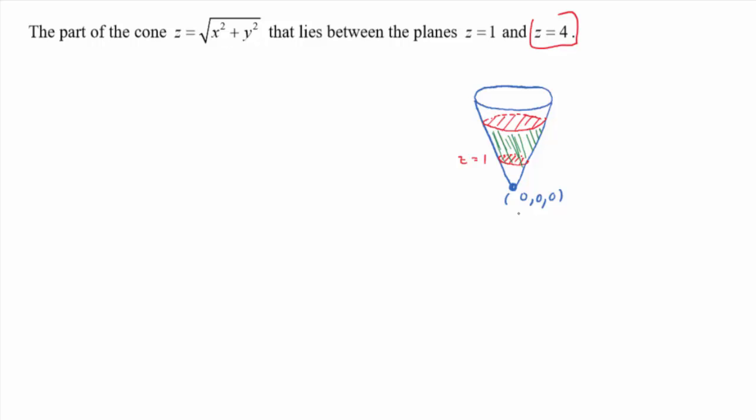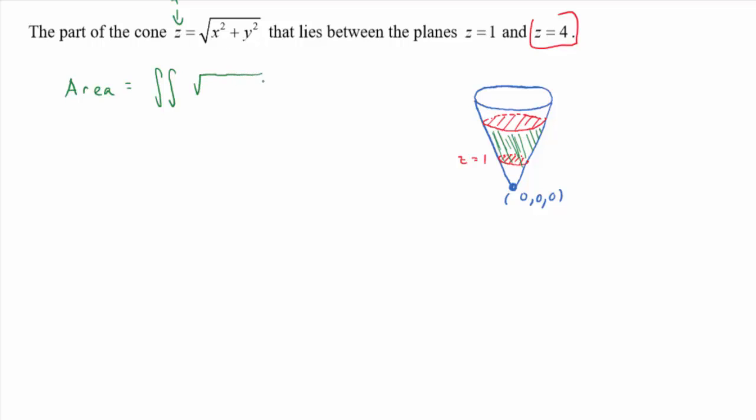So the surface area formula, first of all, I'll just call it area, I guess, is really equal to the double integral. What's our area element? If we call this guy f, what's our area element?